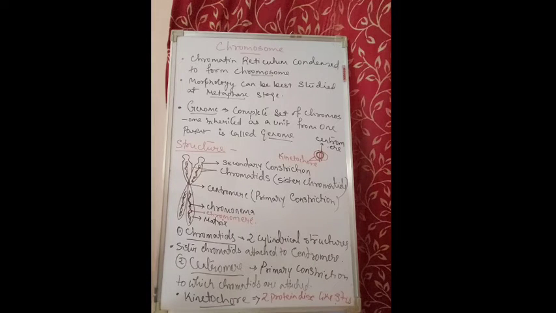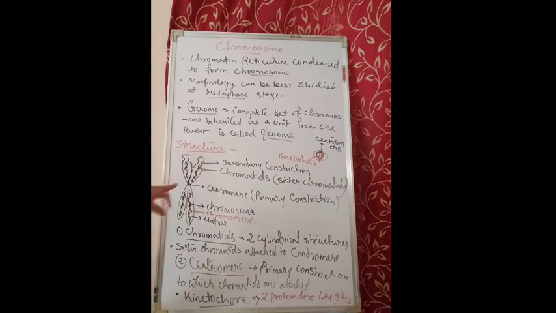In the case of prokaryotic cells, the genetic material is present without histone protein. So this is about the chromatids, chromonema, and the chromomere.